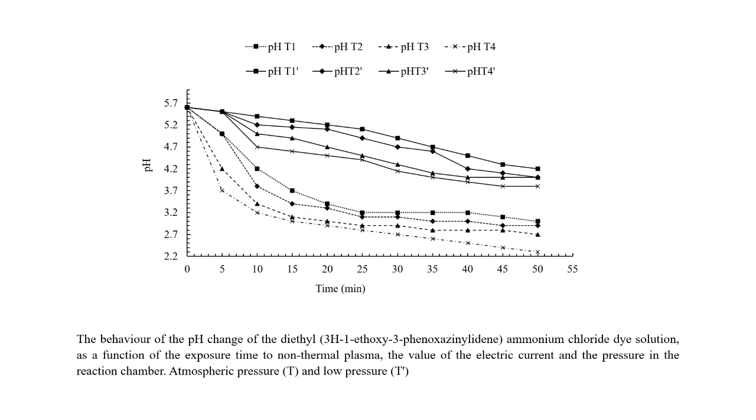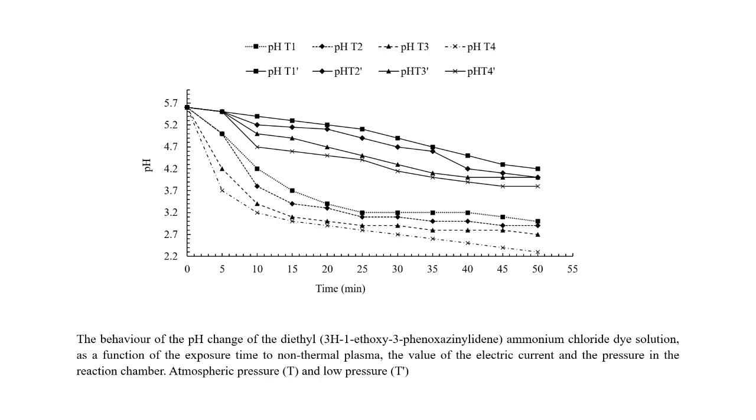In general, carrying out experiments in the presence of a different number of air molecules, atmospheric or low pressure, generates a different change in the pH of the study solution. The greater the number of air molecules and the greater the electrical power to generate the plasma, the more significant the decrease in pH.